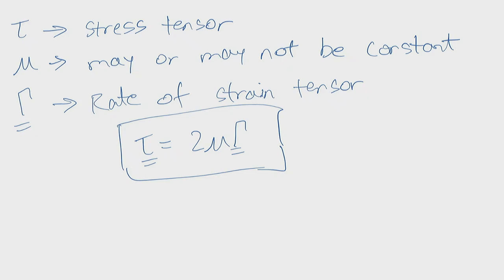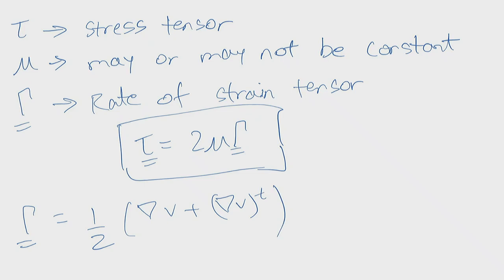Okay, so this is great. We now have an expression for stress in terms of strain. The other thing that we know from our discussion in the previous lecture is that the rate of strain tensor is by definition grad V plus grad V transpose. We split the dyad grad V into the symmetric and anti-symmetric tensors.